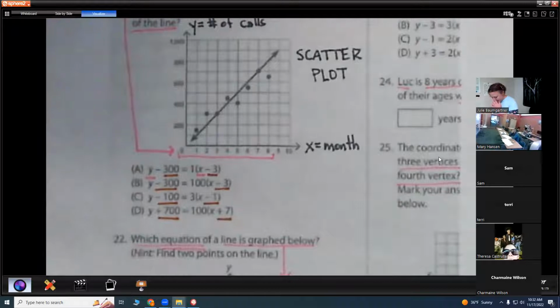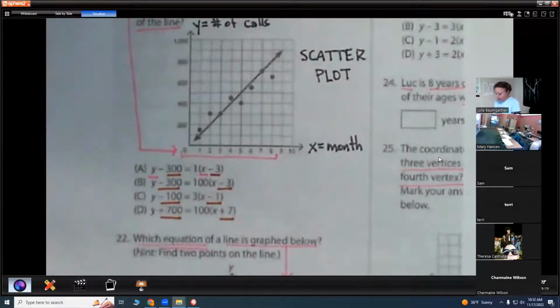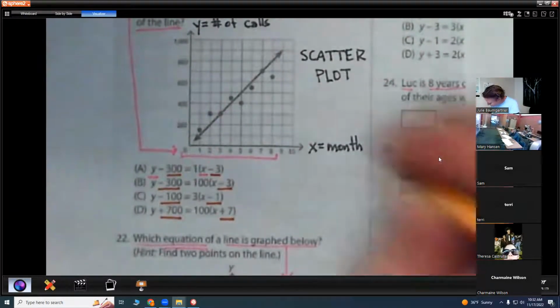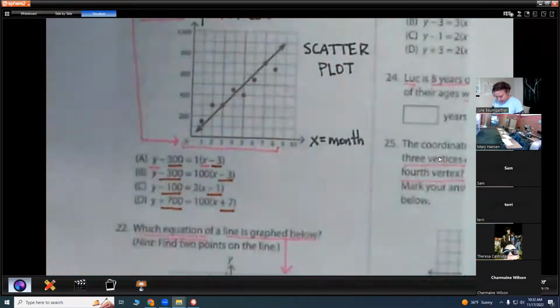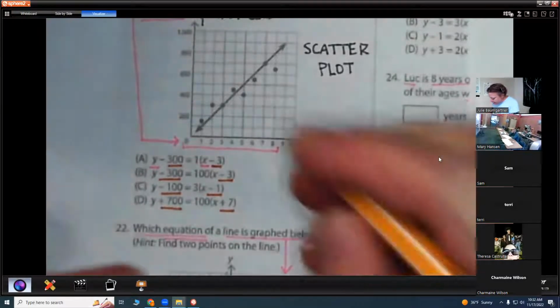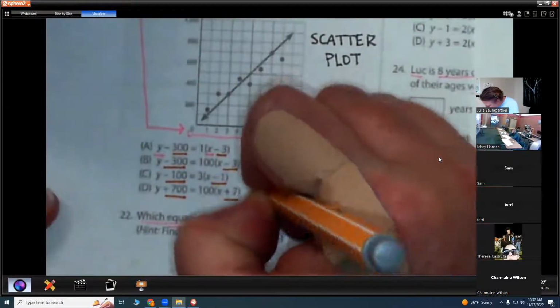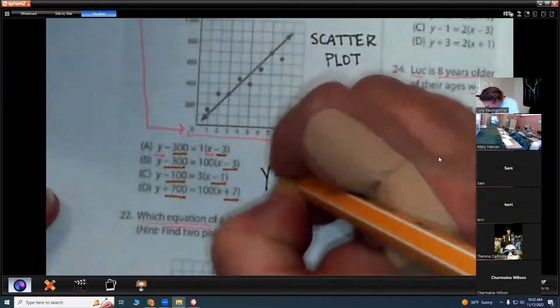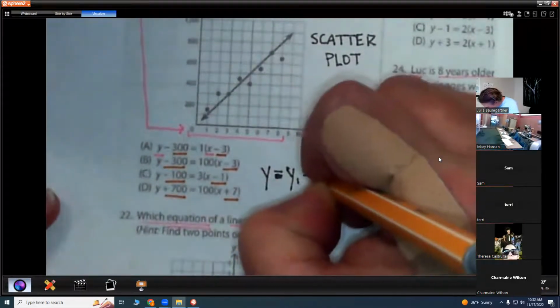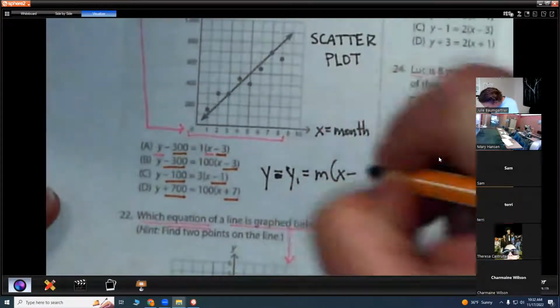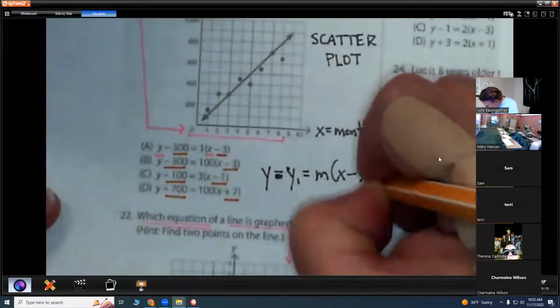Thank you so much. So yes, let's write our formula down so we can refer to it, because otherwise I'm going to forget. We know that our equation based on our answers is in point slope form.